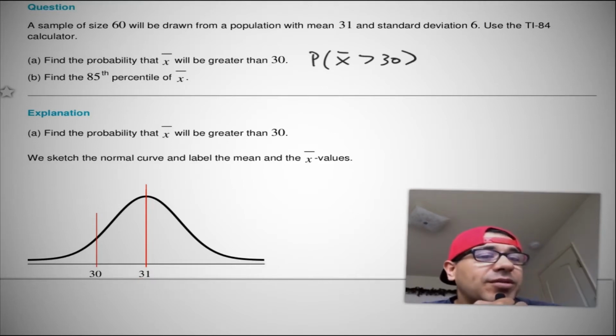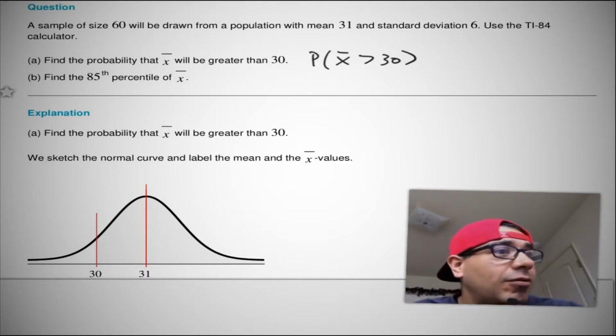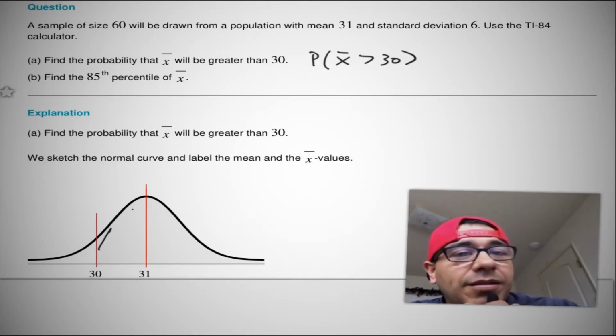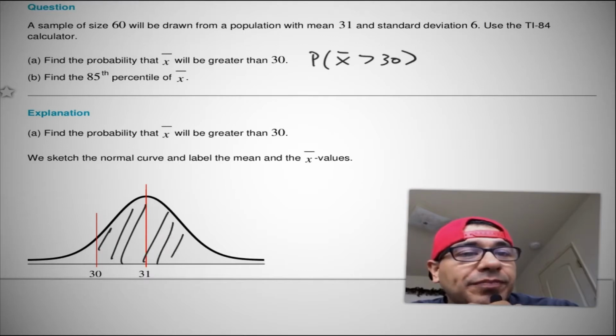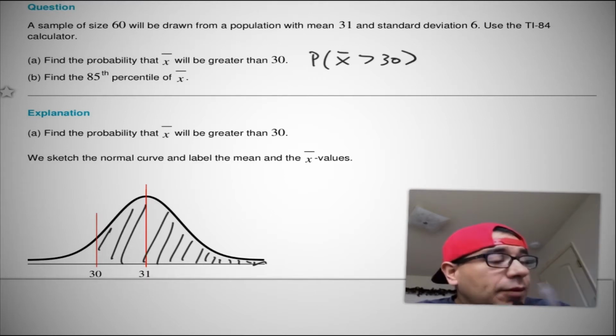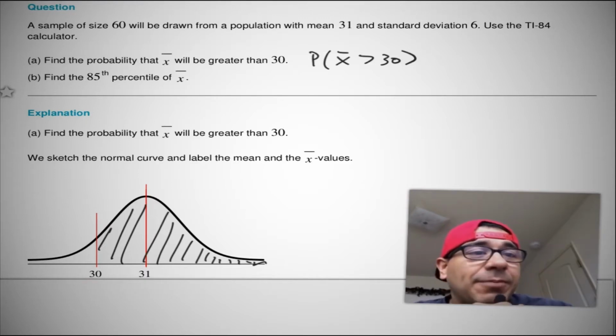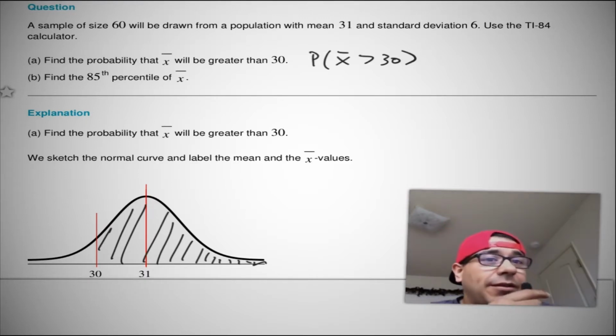And what we're interested in is the probability, this area. We're trying to find all this area here when, not x, but when the sampling distribution mean, which is x bar, is greater than 30. So that's what we're trying to do here.